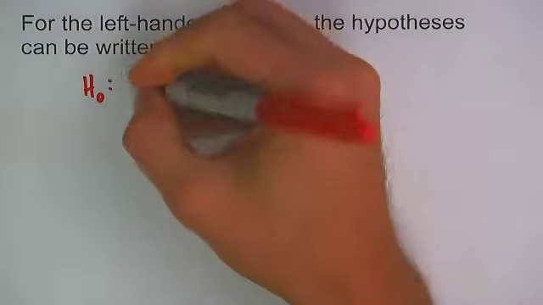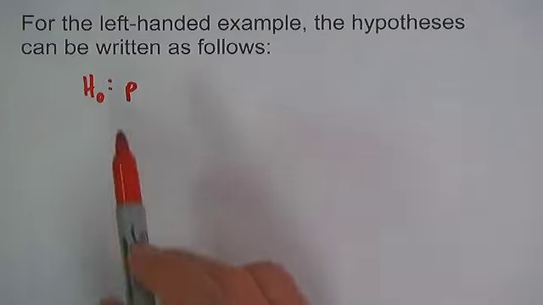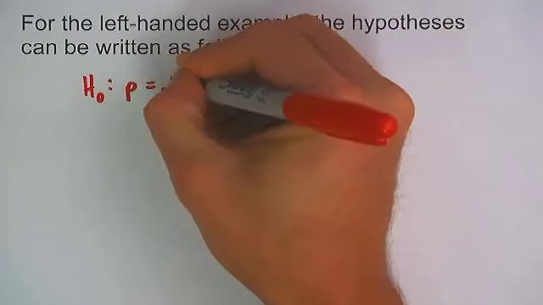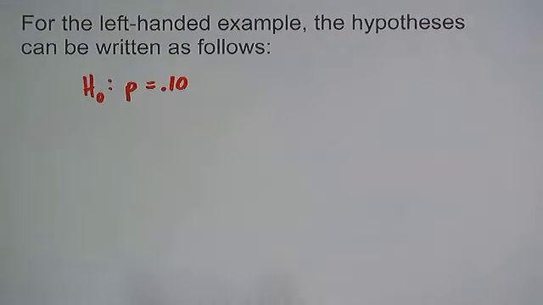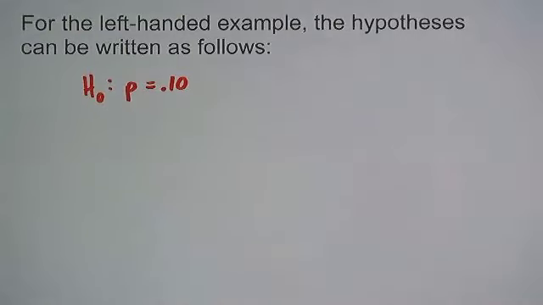In this case, my parameter is the proportion of math teachers that are left-handed. And I'm going to set my null hypothesis to be 0.10. So I'll assume that the population of math teachers is the same as the population of people in general, and that they each have the same left-handed proportion.